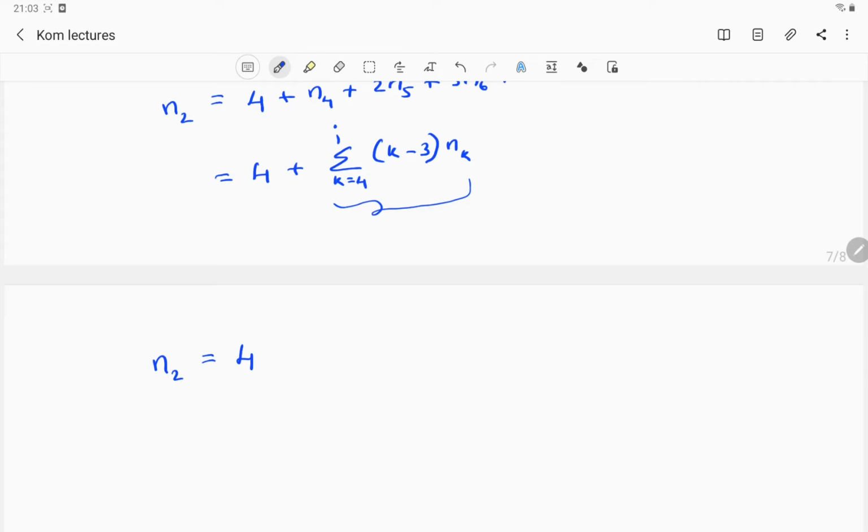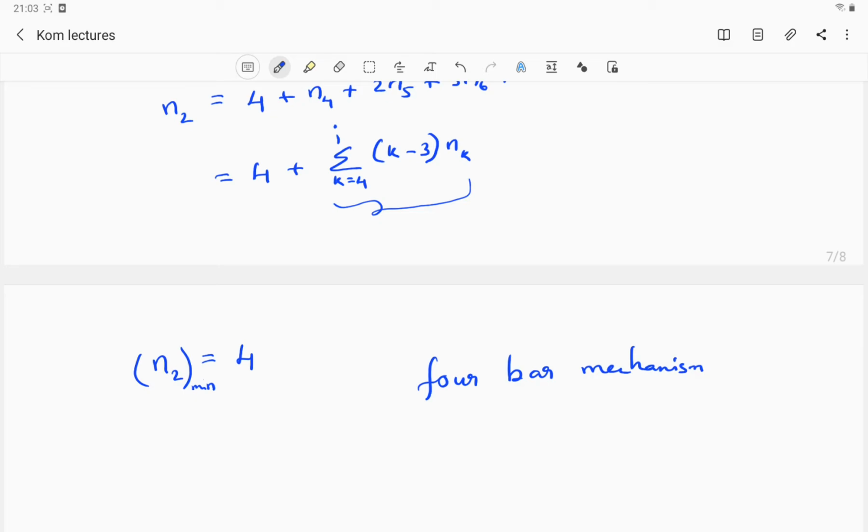So that's n2 min. And one example, we know, is the 4-bar mechanism, right? So that's about the minimum number of binary links in a constrained mechanism with simple hinges.